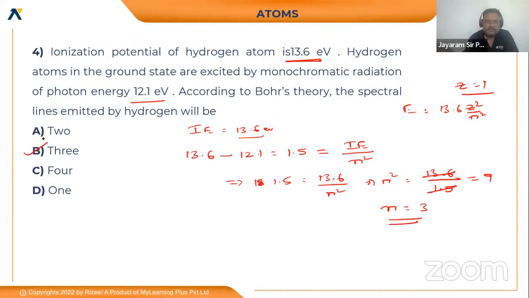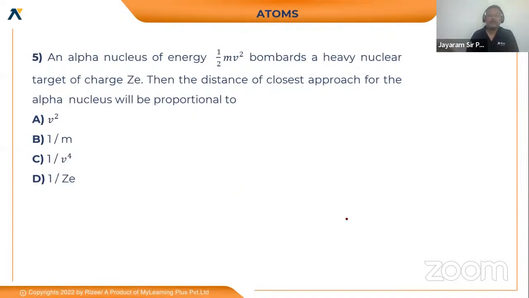Next one, please. An alpha particle of energy half mv square bombards a heavy nucleus target of atomic number Z. Then he is asking the closest distance. We have discussed this topic today. So what is the closest distance? You can solve it as kinetic energy equal to potential energy: half mv square is equal to 1 by 4 pi epsilon naught into 2 Z e square by r.